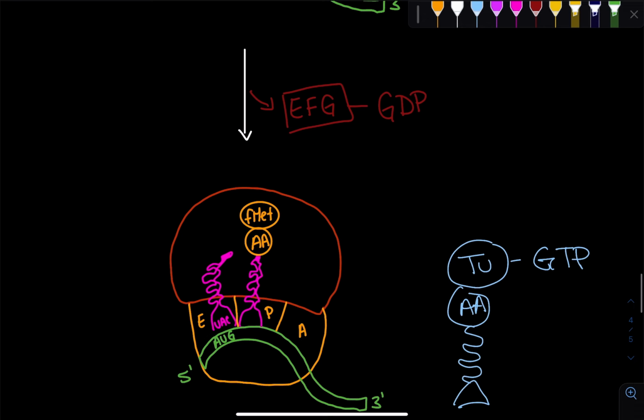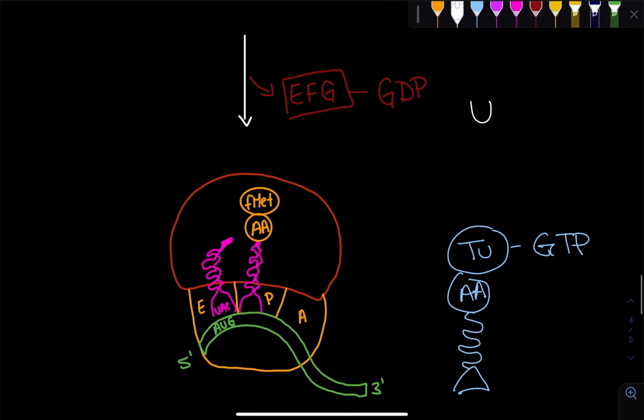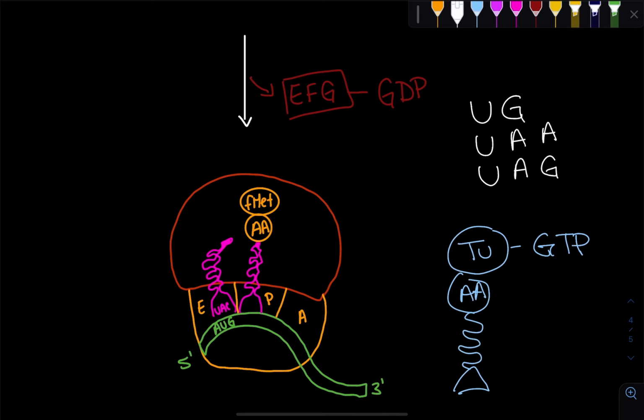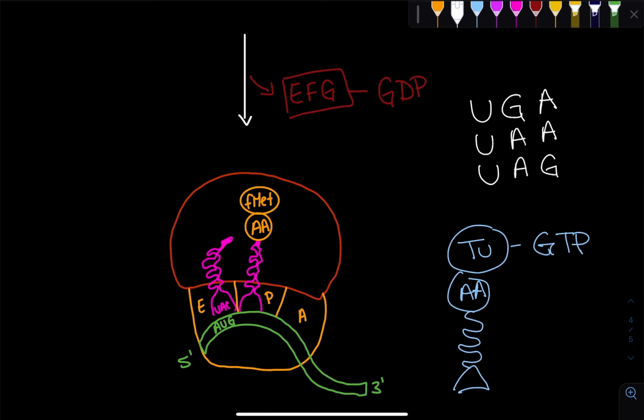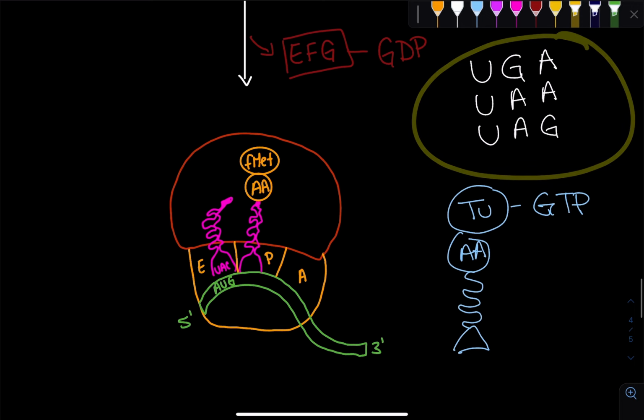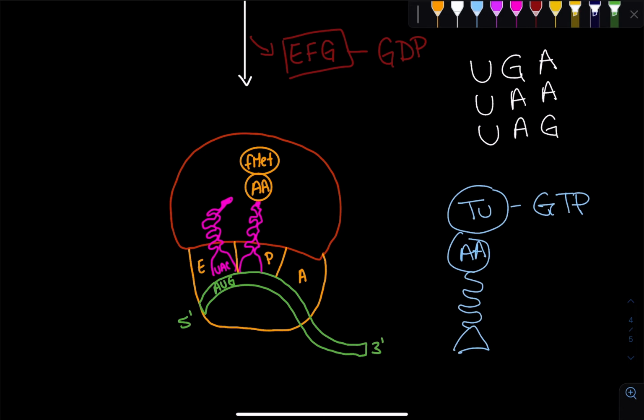A stop codon can either be, the way we can remember it is we write out U, and then we say U-GA, U-AG, U-AA. These are our stop codons, and when we reach a stop codon, we're going to undergo stage 4 of translation, which is termination.